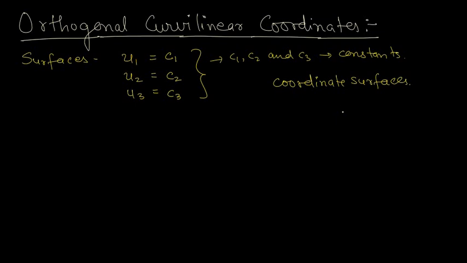Okay, what I mean is, and let me define one more thing, then I will specify the same thing in Cartesian coordinate system. So these are called the coordinate surfaces.